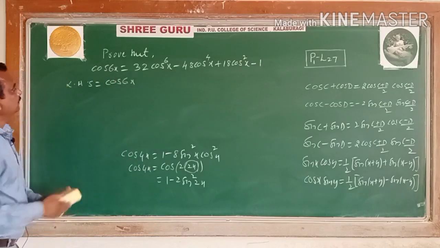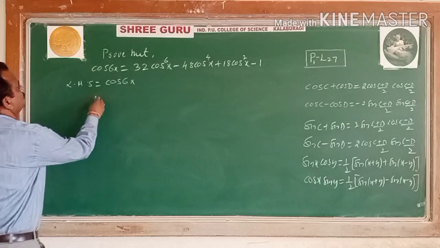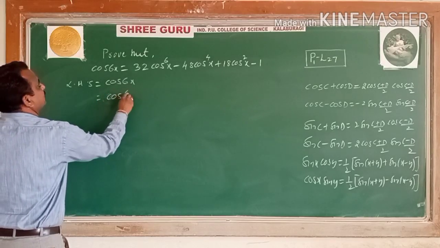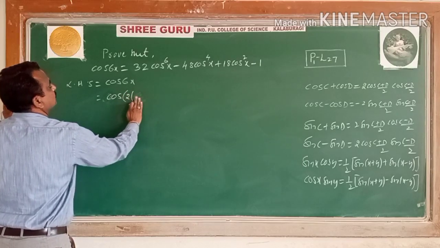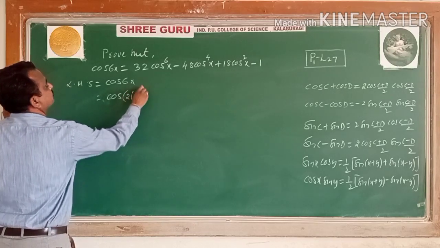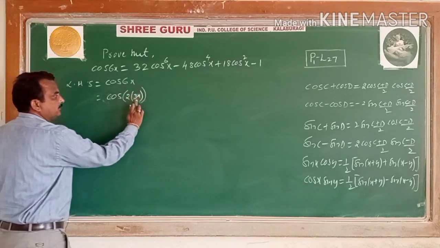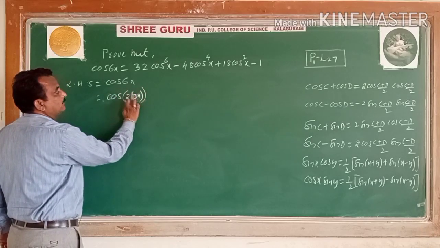See, cos 6x is equal to, shall I write this as cos 6x written as 2 times of 3x, in the form of cos 2x where x is 3x.